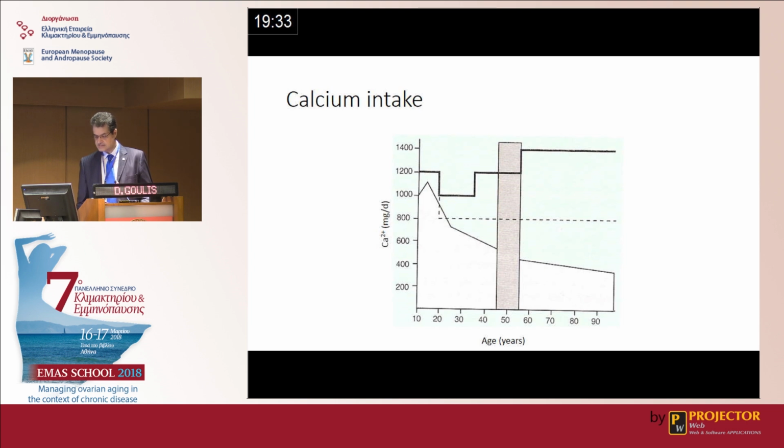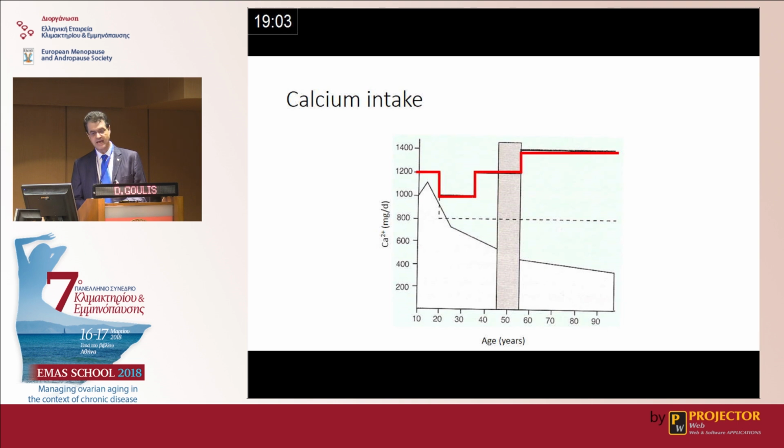The problem is that we are far below the indicated amount of calcium all over the lifespan of a woman and a man as well. If we say that the adolescent needs something like 1,200 milligrams per day, and the classical 1 gram is for adult life, the perimenopausal woman probably needs a little more, and then the elderly need a little more.